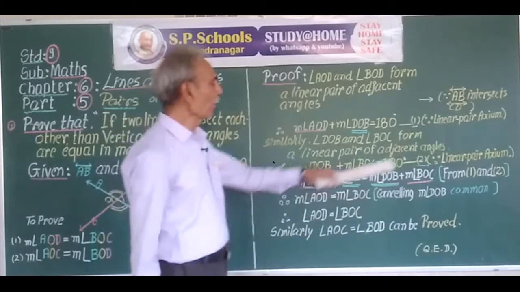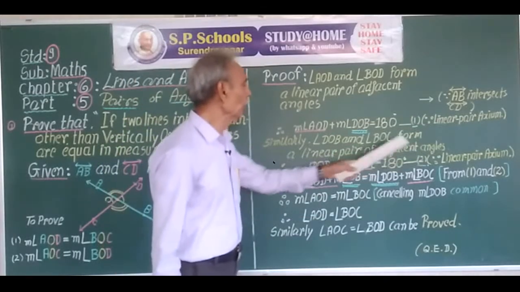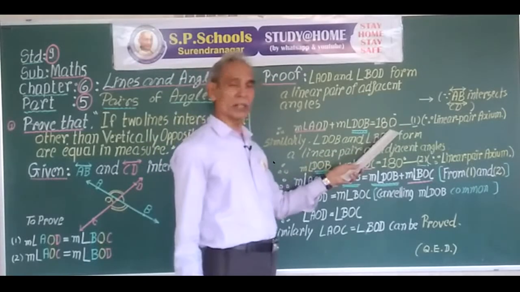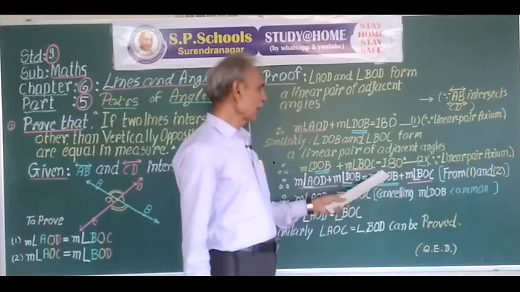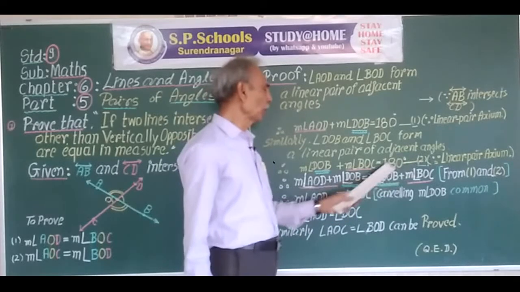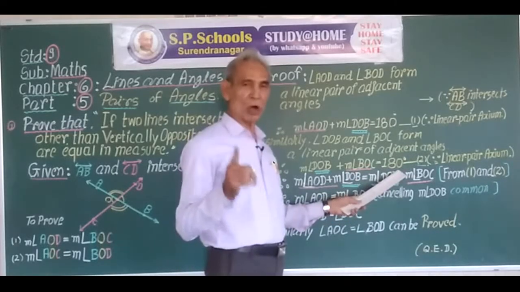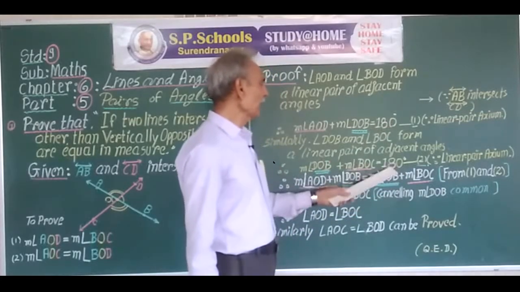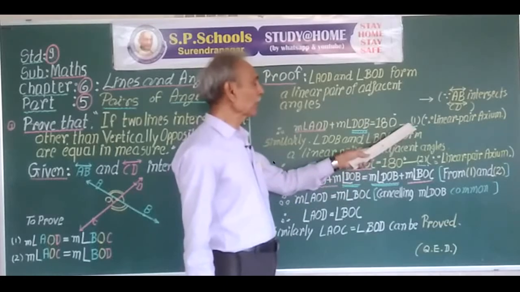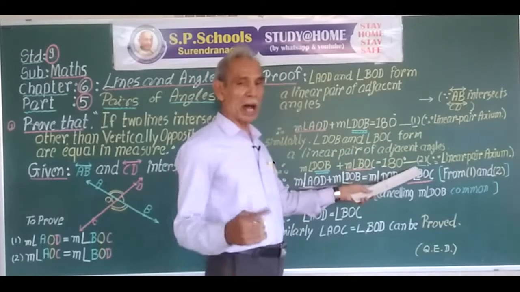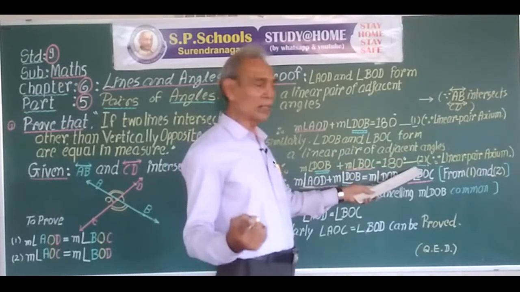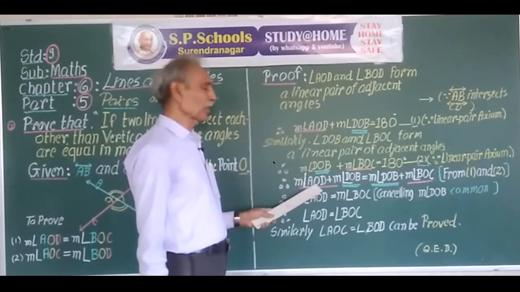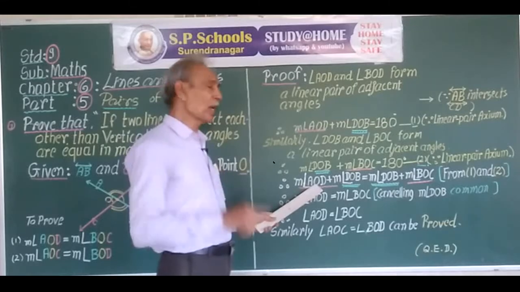Now, comparing 1 and 2. The right hand side of equation number 1 is 180 degrees. The right hand side of equation number 2 is also 180 degrees. Therefore, as the right hand sides of equations 1 and 2 are the same, that is 180 degrees, the left hand sides of these equations should also be the same.